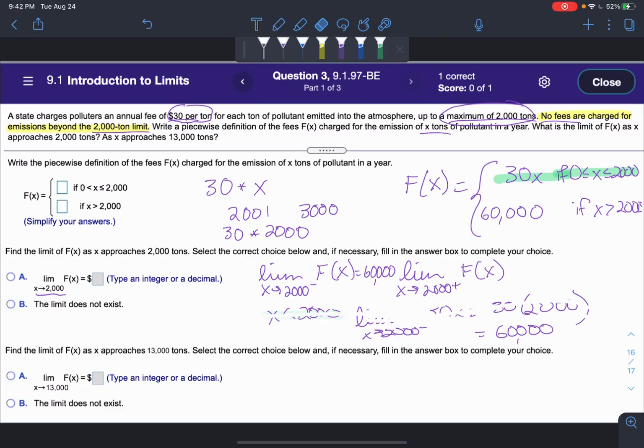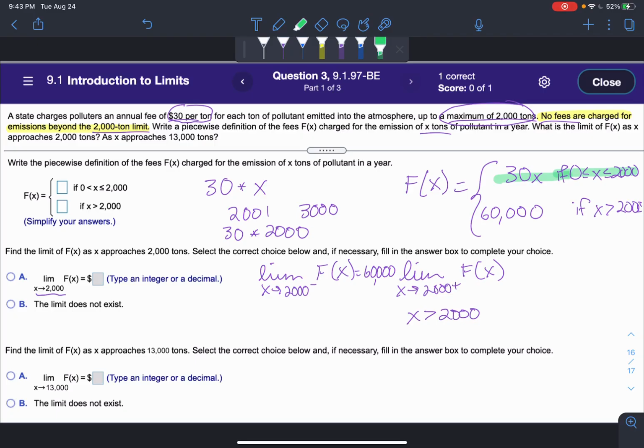And then now we want to consider the right-sided limit. So now our x values can be greater than 2,000. So now we're going to look at this part of the graph. And so we want the limit as x goes to 2,000 from the right of 60,000.